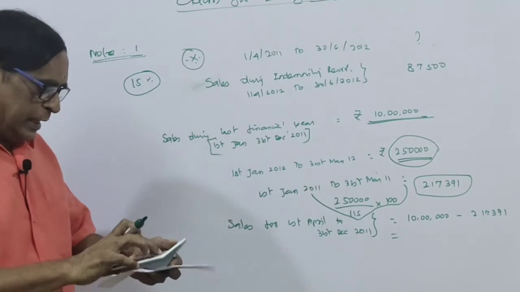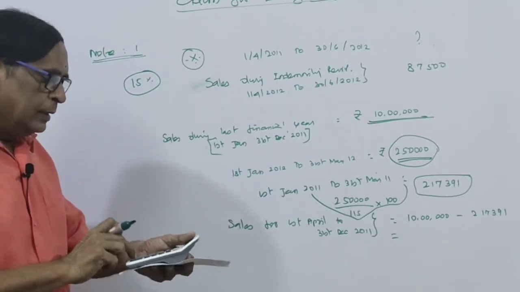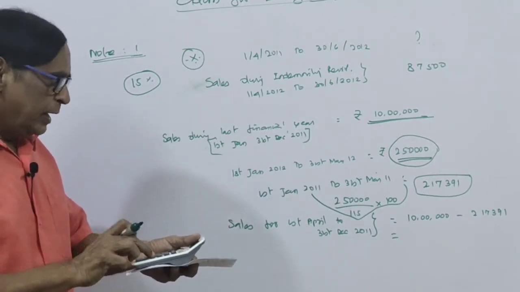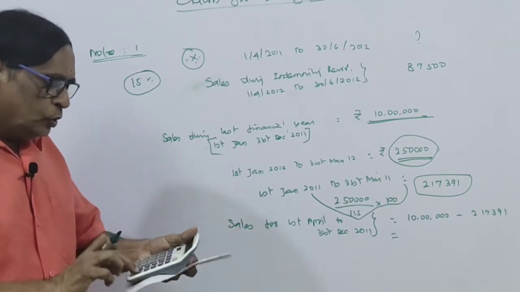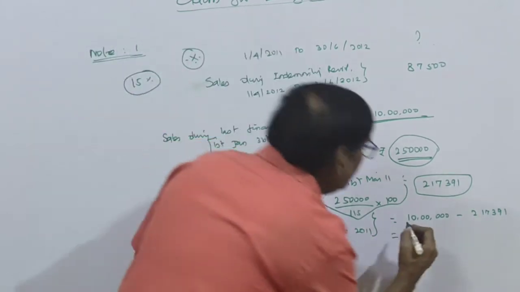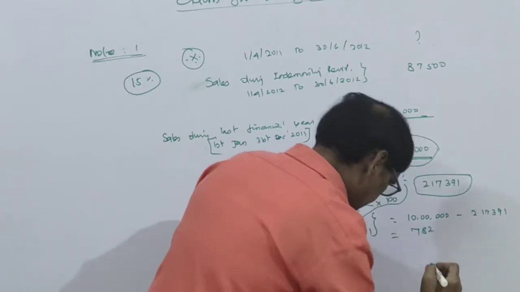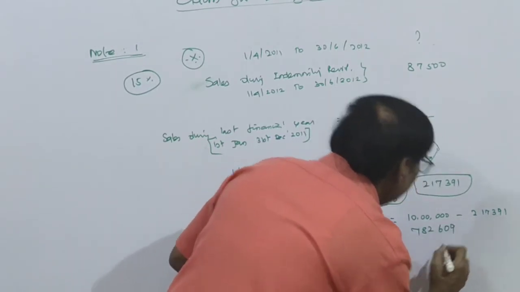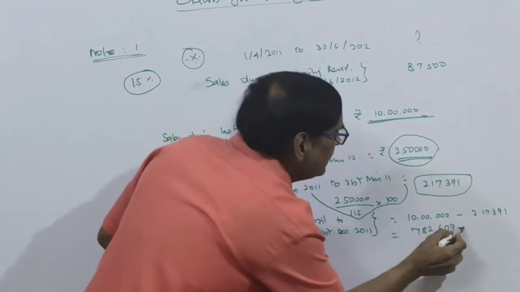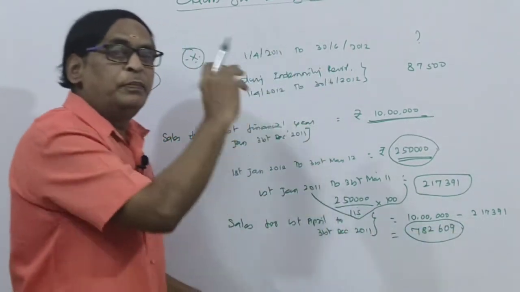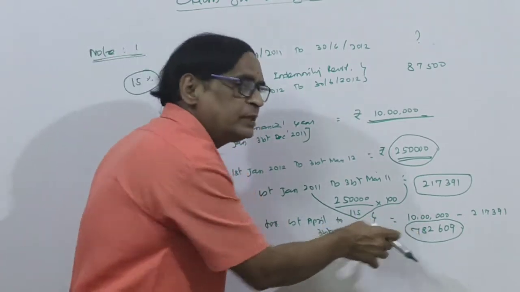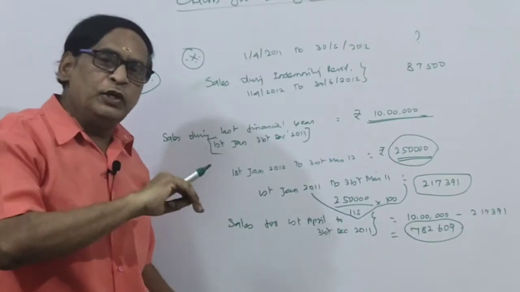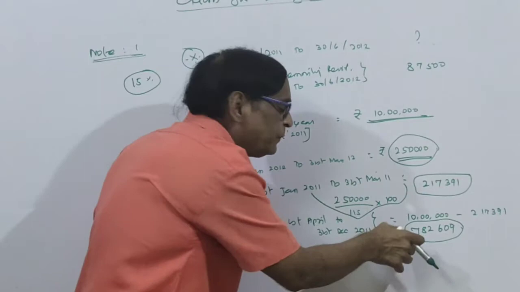So the total figure is 7,82,609. This is the 9 months sales for the previous year. 9 months sales for the previous year means 1st April 2011 to 31st December 2011.